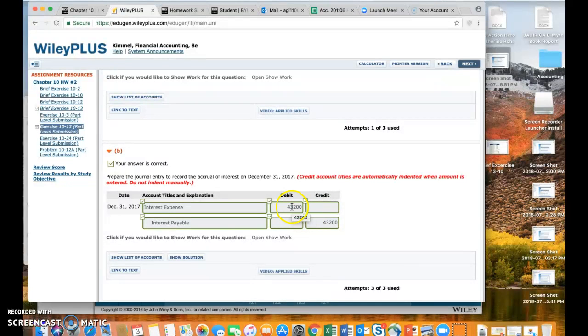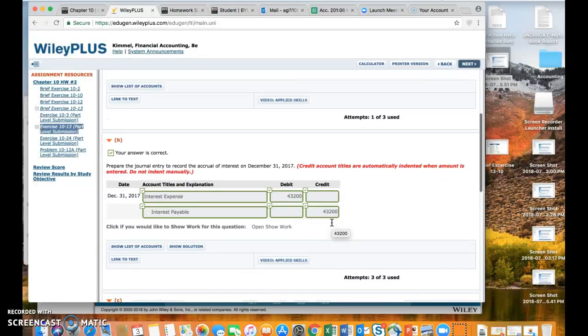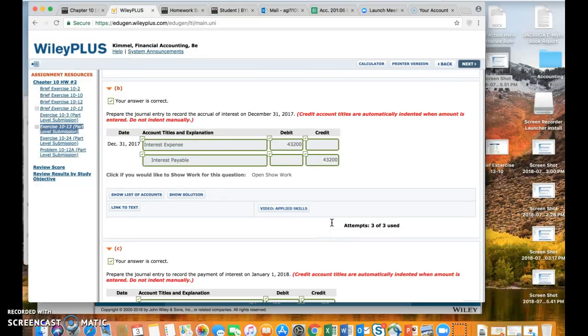So our interest expense will be 43,200. We debit this, and we credit interest payable 43,200. That is also pretty straightforward.